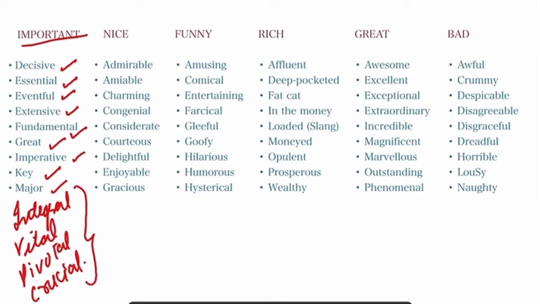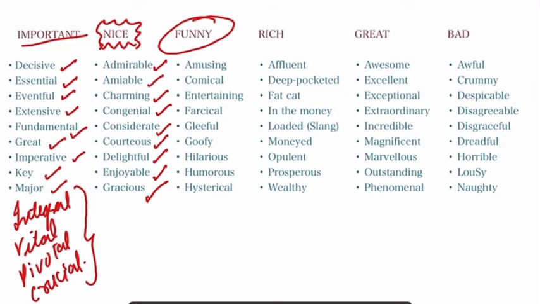You can use these words for important as well. Next we have is nice. So the paraphrasing of nice can be done with the following words: admirable, amiable, charming, congenial, considerate, courteous, delightful, enjoyable, and gracious.